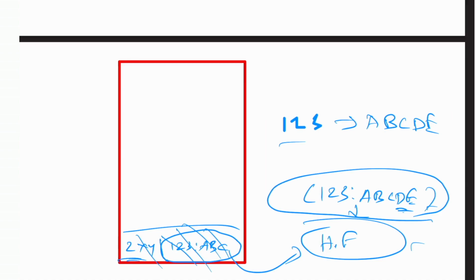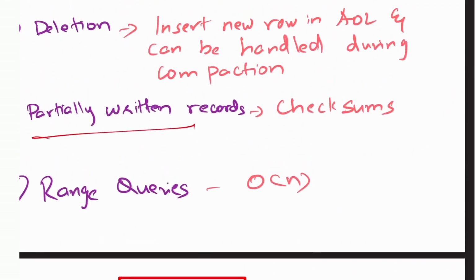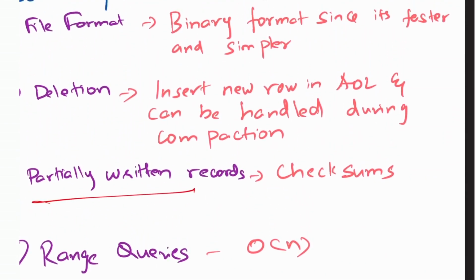So with this hash you can figure out whether the data written here is complete or not. If it's complete data, you keep it. If it's not, then you remove it. So in your line, you have one more hash or checksum, right? This is how you can handle partially written records.